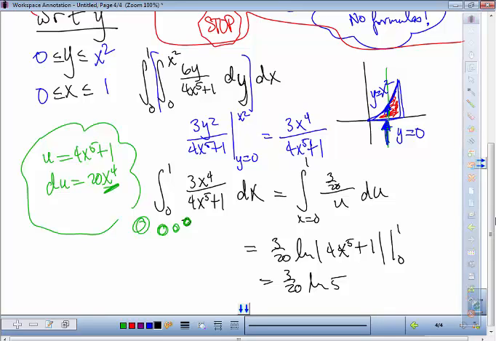Now there are going to be some problems where you just won't be able to do it, period, because we don't have the antiderivatives of every single function. So that's always going to be an issue for us. Even if we do it as correctly as we can, we still might run into something where we just can't integrate it. And that's going to be okay.